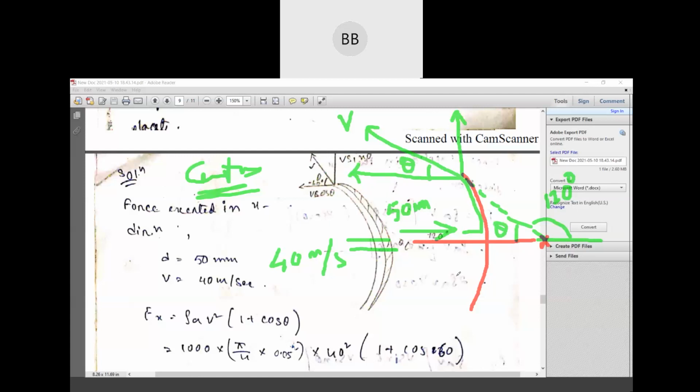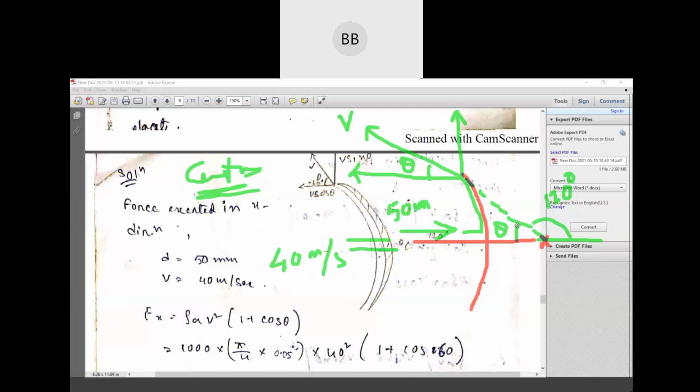People used to make mistakes here. They thought that theta is only the deflection angle. So deflection angle is not theta. Theta is the angle made by the velocity with the x-axis, and deflection angle is the angle at which the jet of water is deflected from the x-axis.